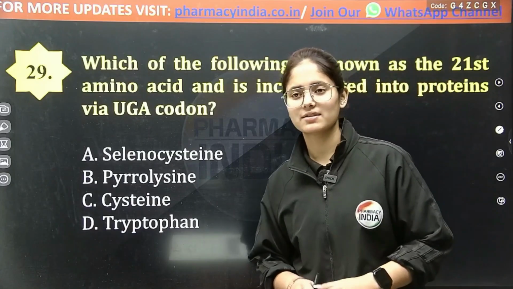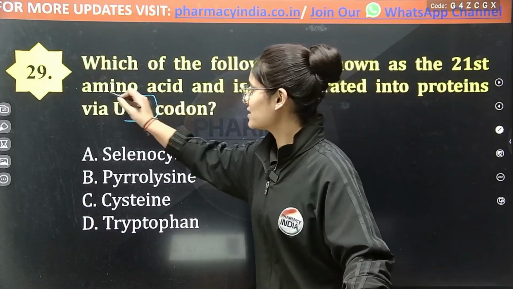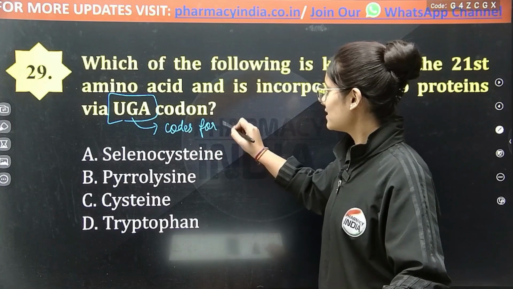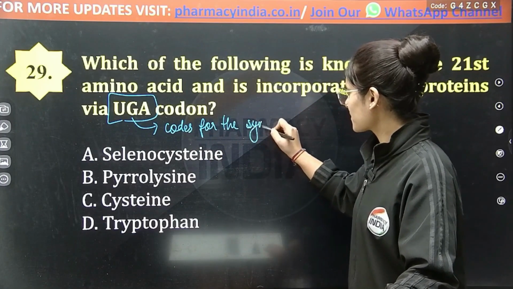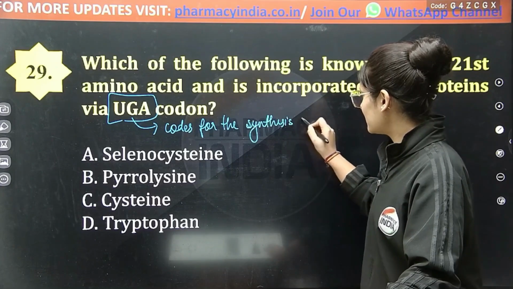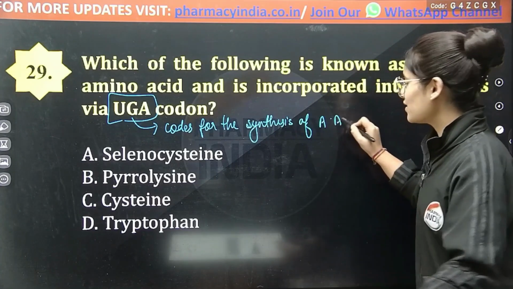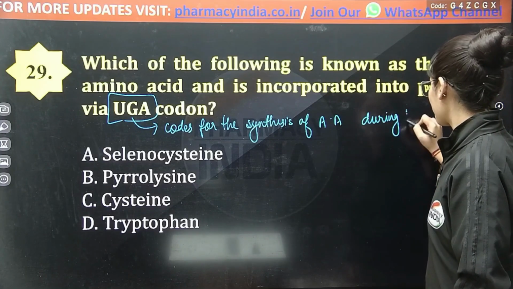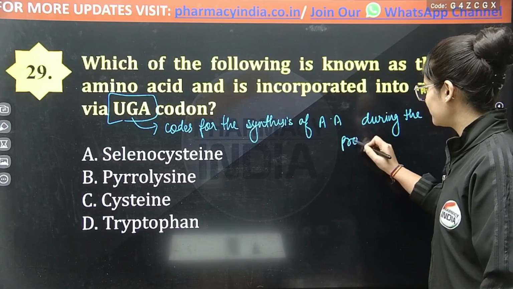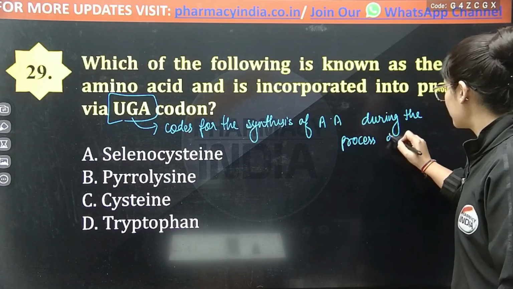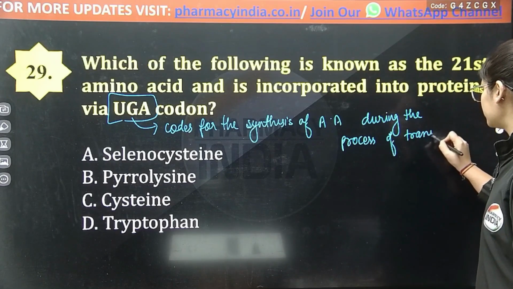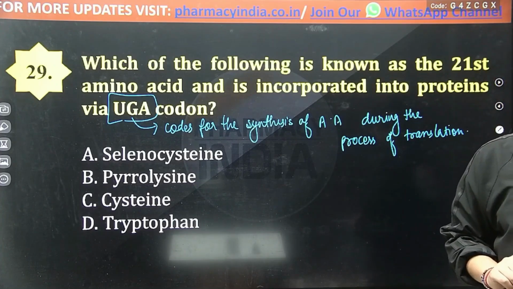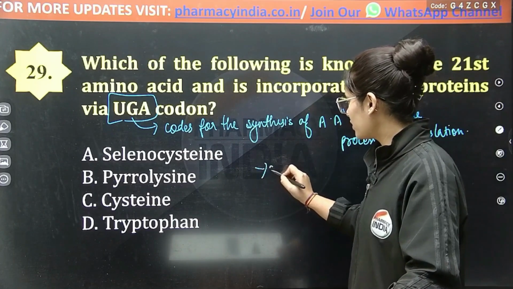UGA is a codon which codes for the synthesis of an amino acid during the process of translation. Clear? And it is also a start codon.